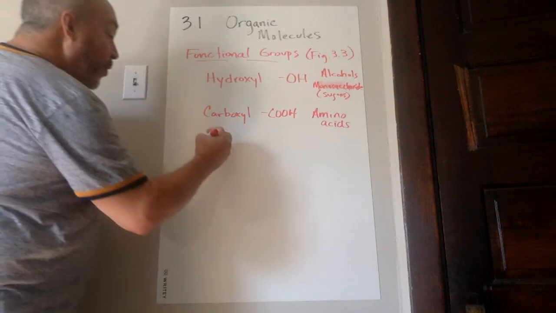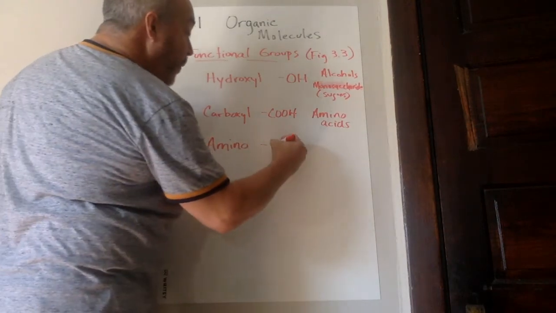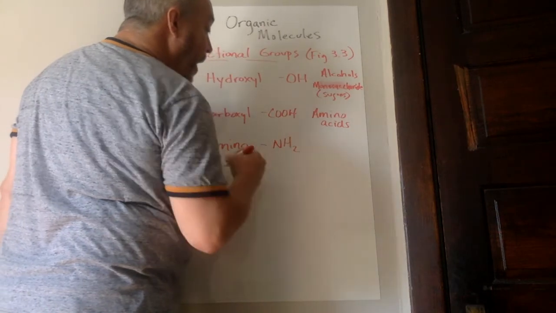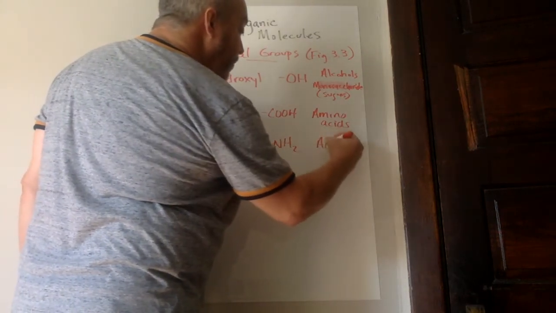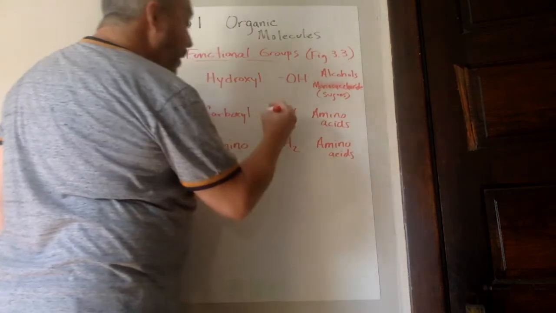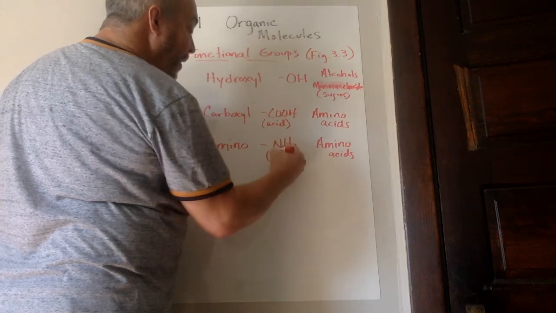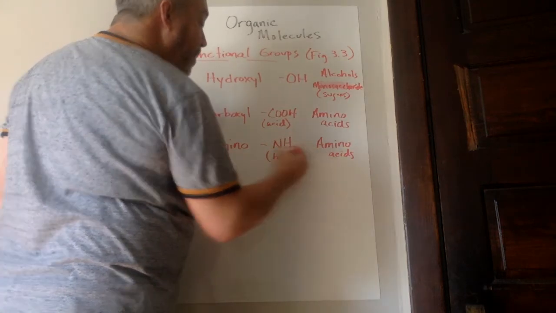We have an amino group, and this is where amino acids get their name. An amino group is nitrogen and hydrogen. This will also be found in amino acids. This side will actually, ironically, act like an acid. This side will end up acting like a base.